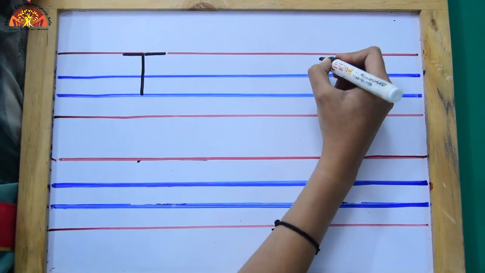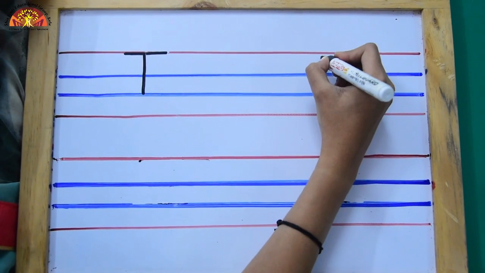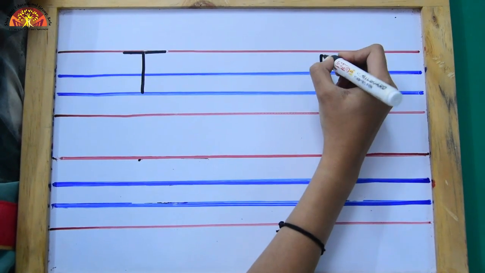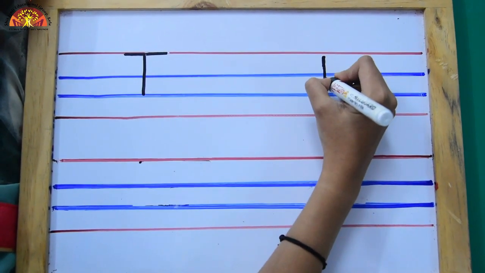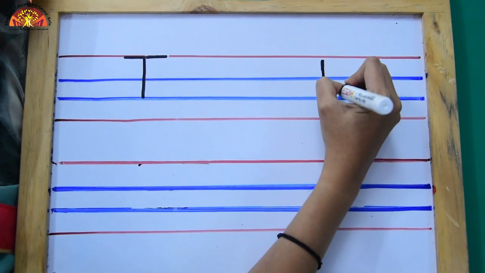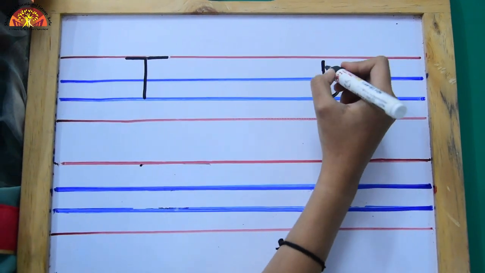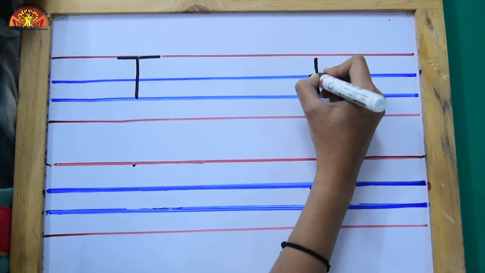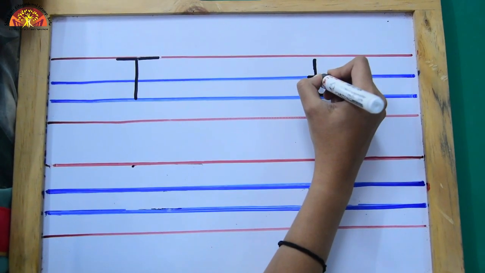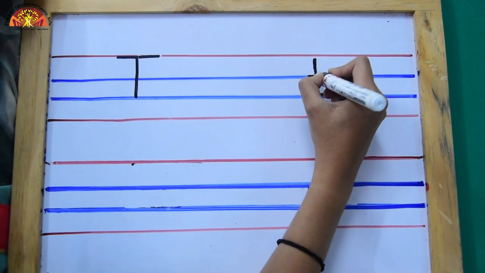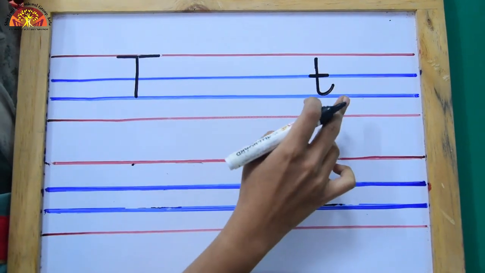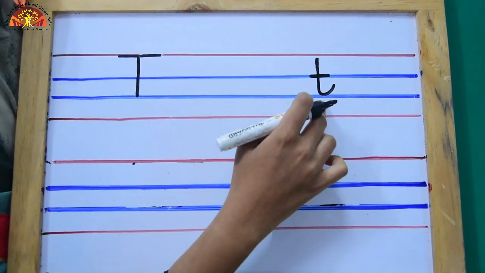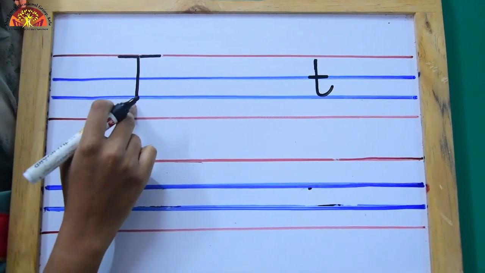You have to start from here. Draw a standing line and turn like this. Now a small sleeping line on this line. So this is small letter T. This is capital letter T.